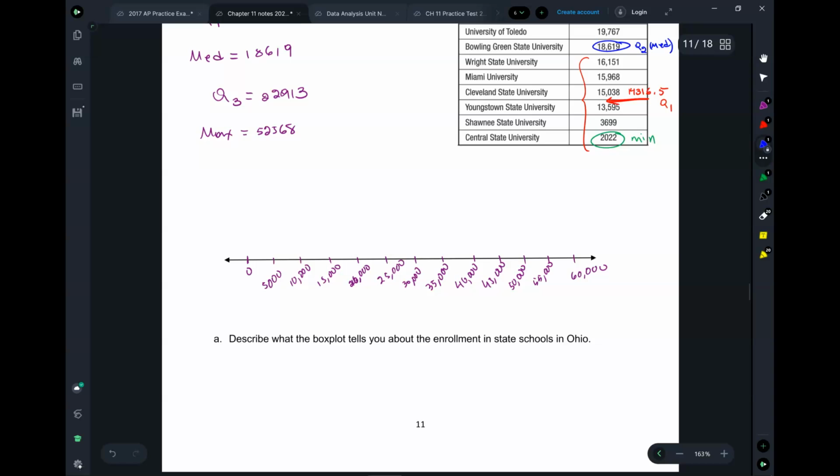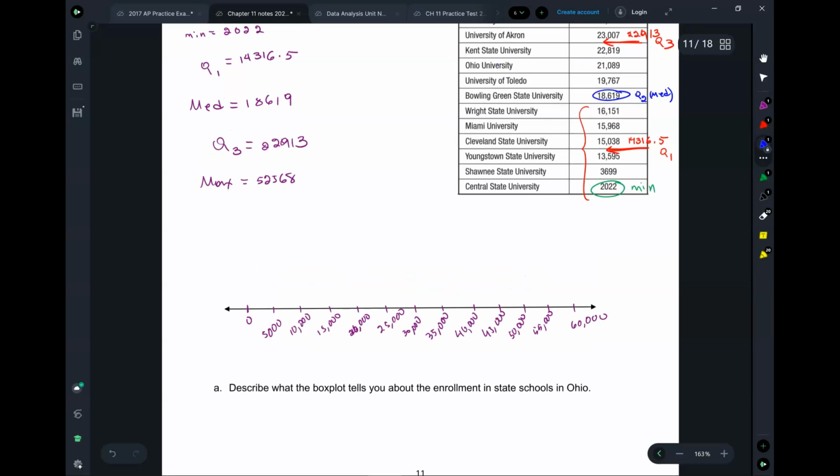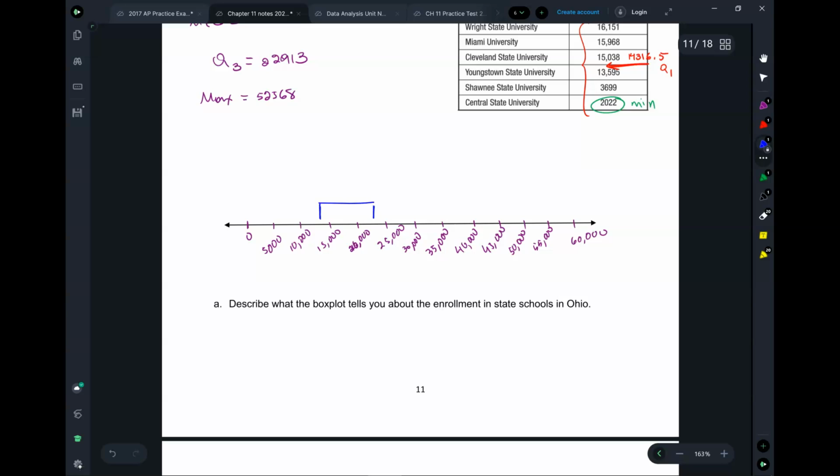Let's put in Q1, which is 14,316. So it's going to be in between these two, closer to the 15. We estimate a little bit. Then Q3 is 22,900, somewhere here. Make that into a rectangle.